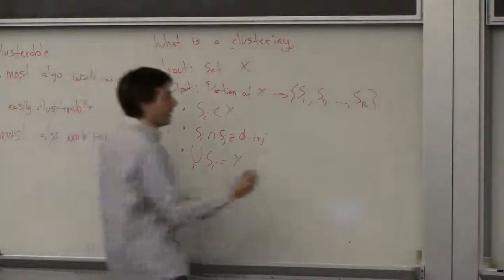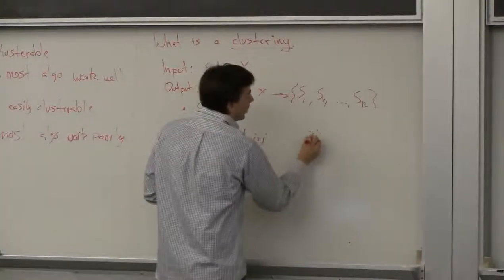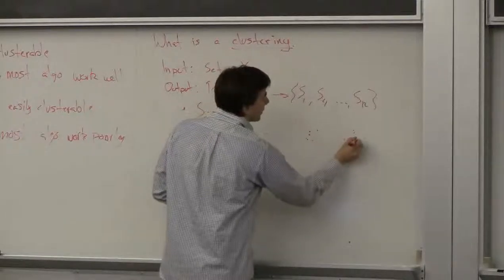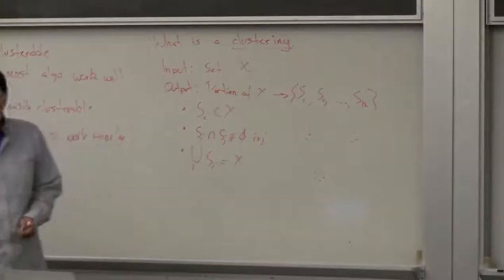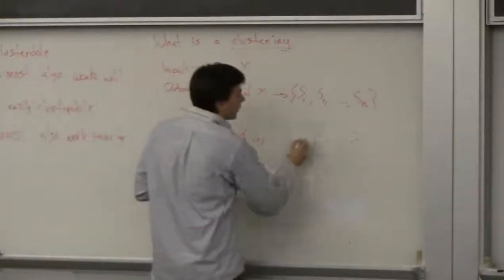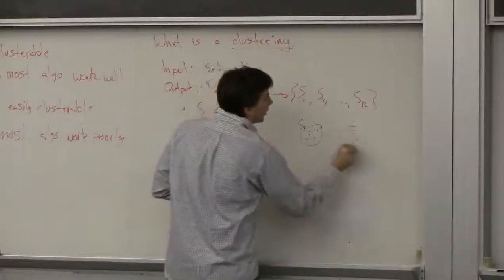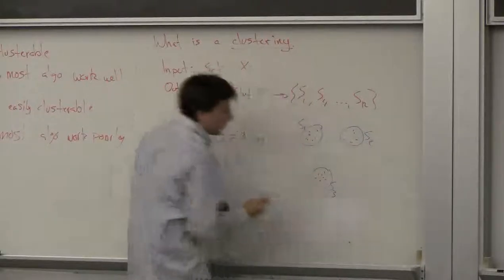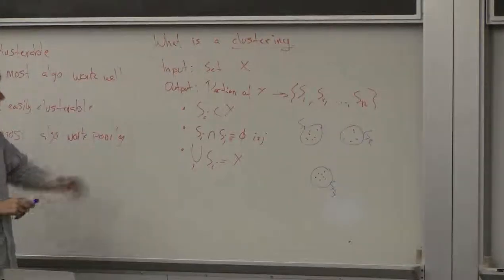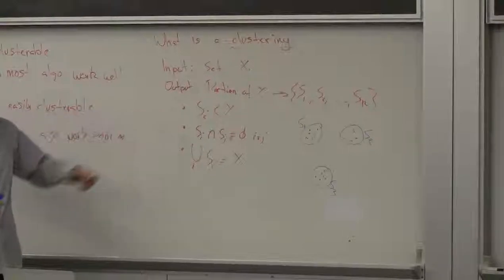So as an example, you have these points that are going to be the set X. Then what you may want is to break it into these three groups. So this group is S1, this group is S2, and this group is S3. Okay, so this is some sort of partition of the data.